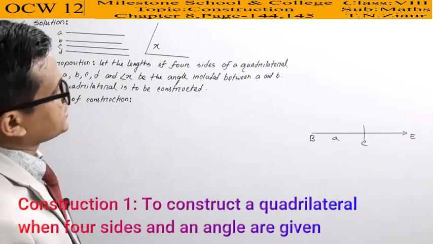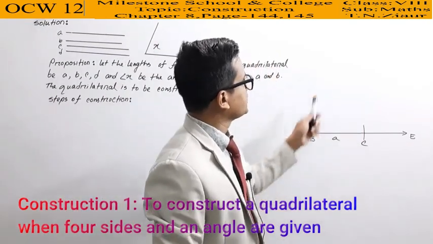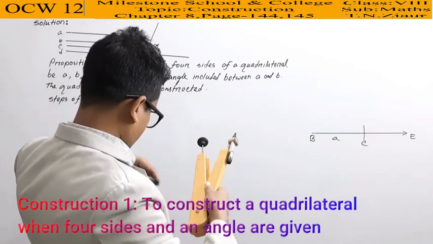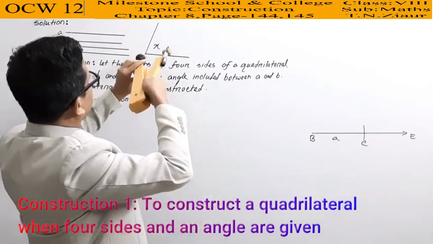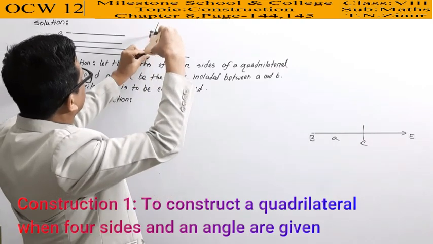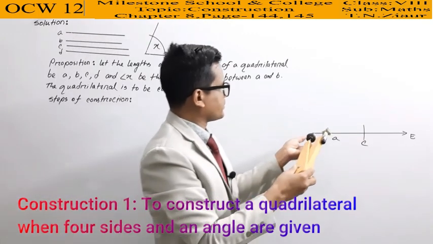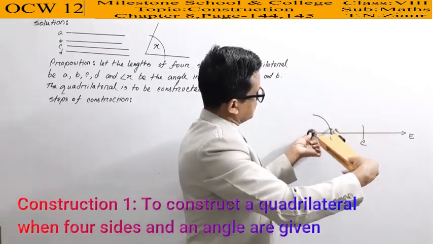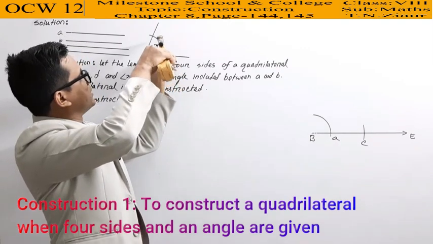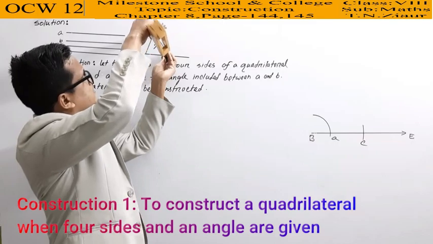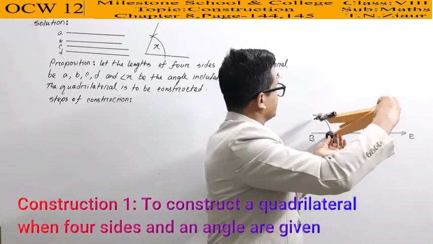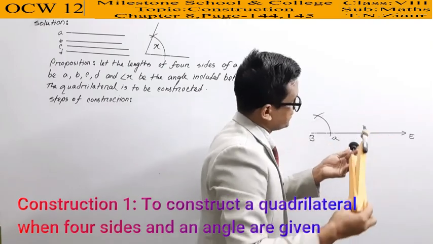Now at the point B we draw angle EBF equal to angle X. At the point B, first we take the measure of angle X and place it at B, then take the radius of this length and place it here and draw an arc which cuts the previous arc here.